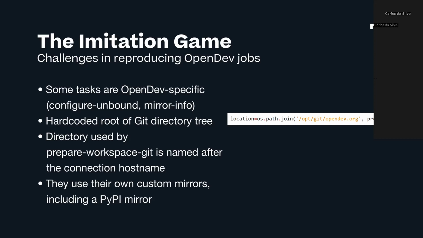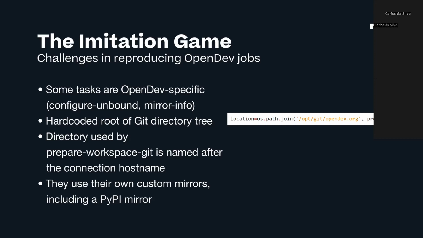In that instance, this was because the custom mirrors from OpenDev used slightly not the latest PyPI packages because of some older wheels. I'm not too much into the theory of that, but it can happen that something breaks for you and not for them because they have custom mirrors. And this is also something to keep in mind.